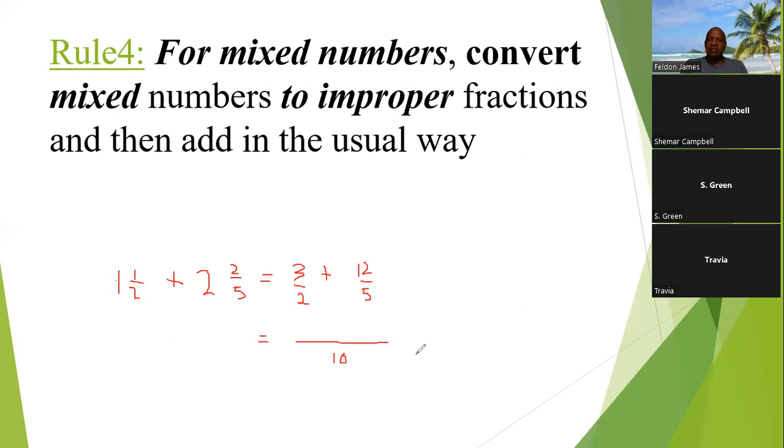And so what step do we do next after we find the LCM? Divide the 2 into the 10 and then multiply the 3. So 2 into 10 gives you what? 5. 2 into 10 goes 5 times. And what do we do with the 5?